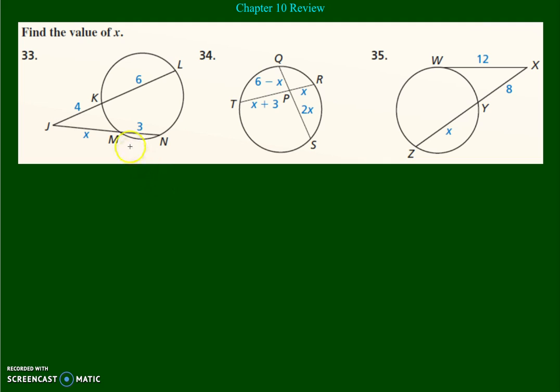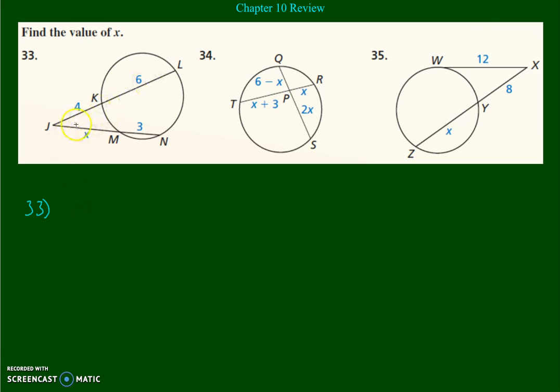In problem 33, we're using the segments of secants theorem. And what it says is that the length of the secant segment times its external segment equals the length of the other secant segment times its external segment. Let's go ahead and write that down and see if we can't come up with an equation that will let us solve this.